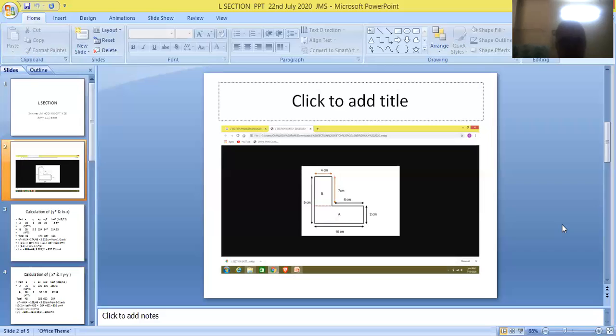By doing so, it takes the shape of a letter L. That's why it is called an L section.